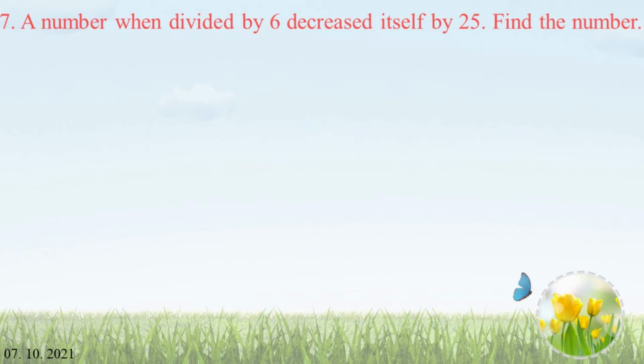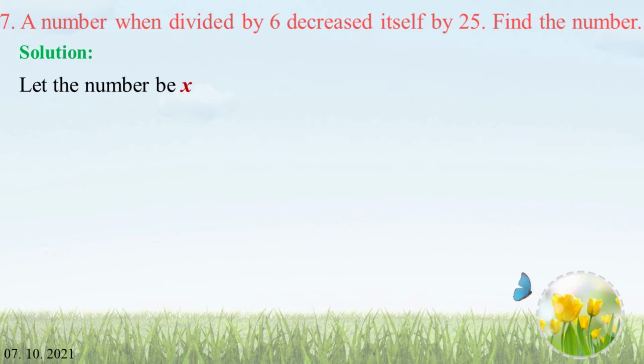A number when divided by 6 decreased itself by 25. Find the number. Dear children, see the question: a number when divided by 6 decreased itself by 25. What do we find? Yes, we find that number. First, you should take an unknown variable.